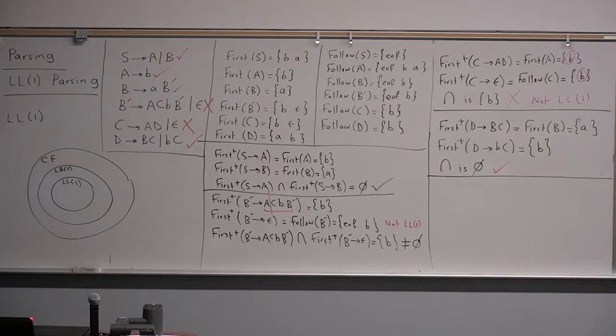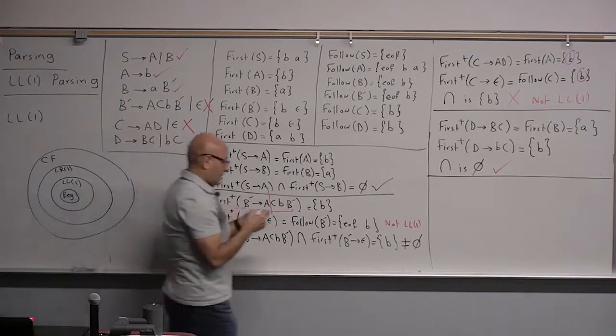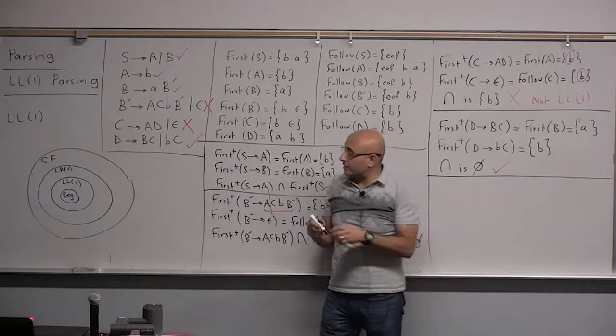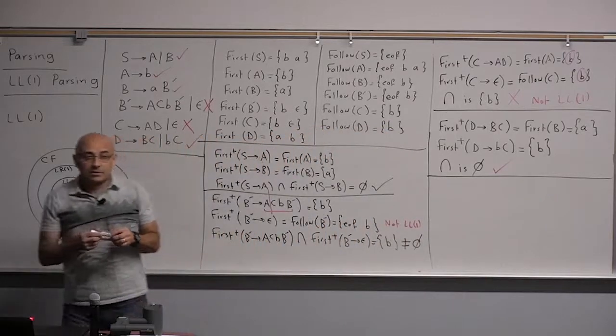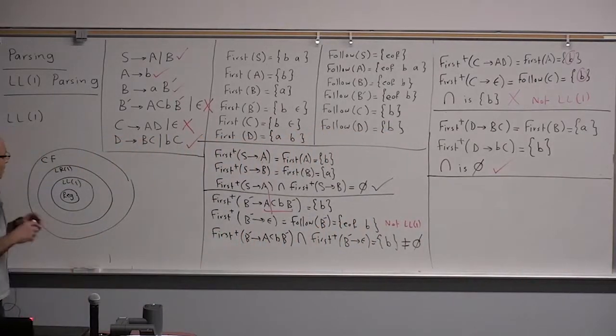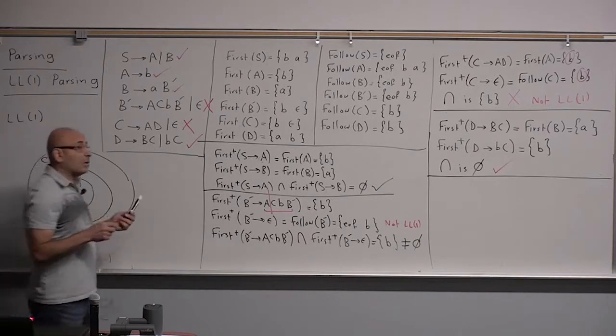Now, where are regular languages here? They're a subset of LL1. So regular languages are here. Regular languages are easily parsable. You don't even need context-free grammars. You can recognize a regular language using a finite automaton.